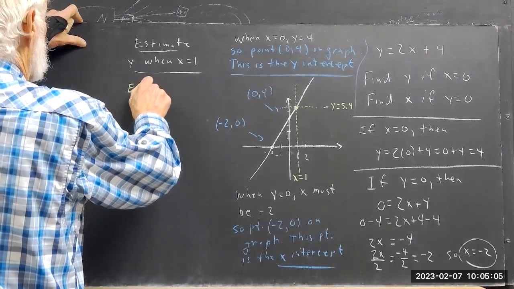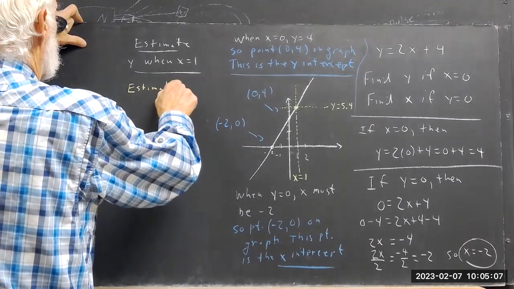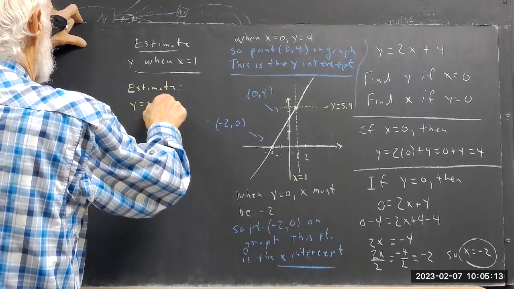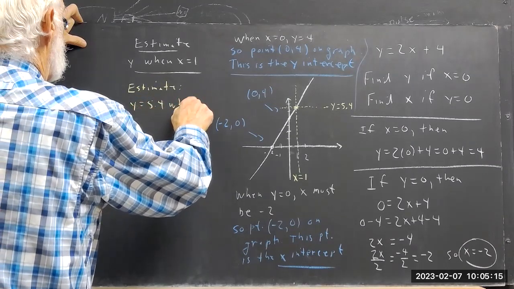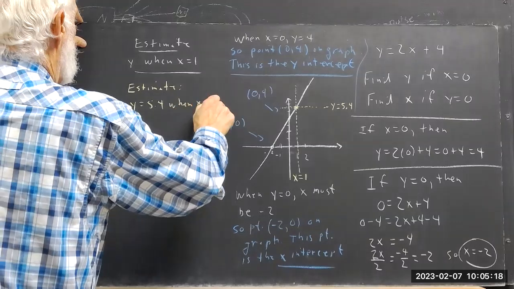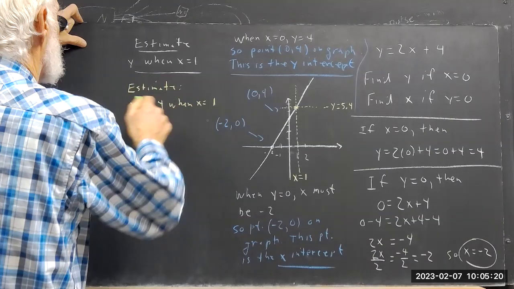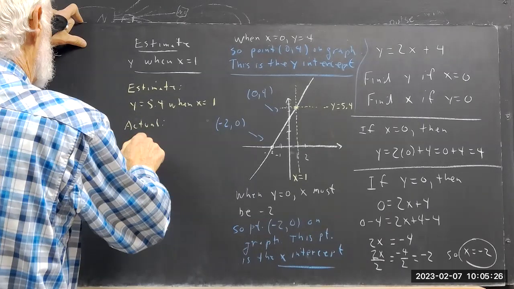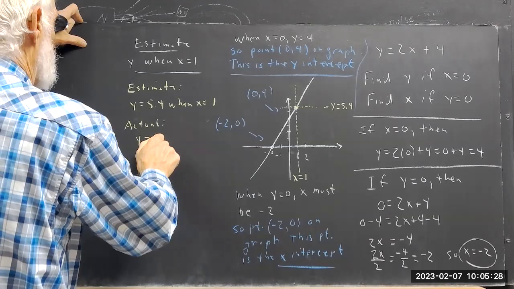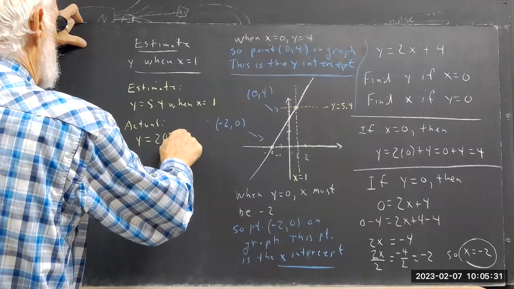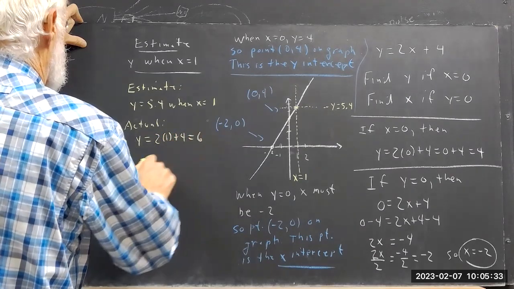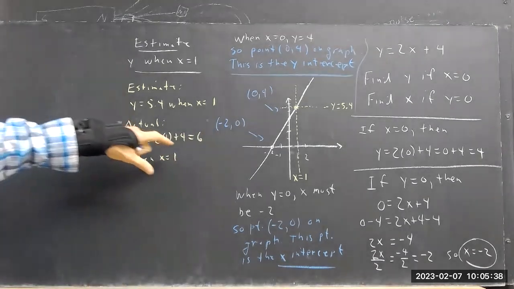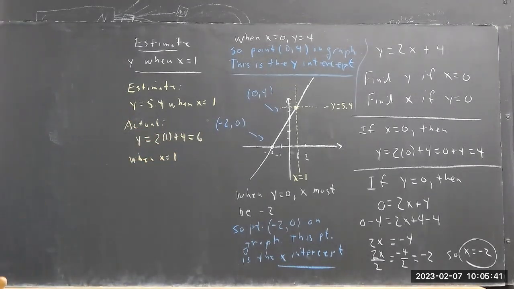Estimate. Actual. y equals 2 times 1 plus 4 equals 6 when x equals 1.